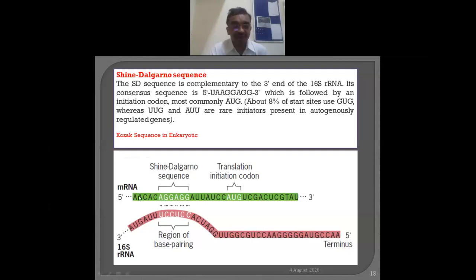This is always associated with the AUG, from where the translation is going to start, and towards the 5 prime end, this SD sequence is there. Hence the mRNA, which is freely available, just recently synthesized by transcription, now approaches the smaller unit of the ribosome.